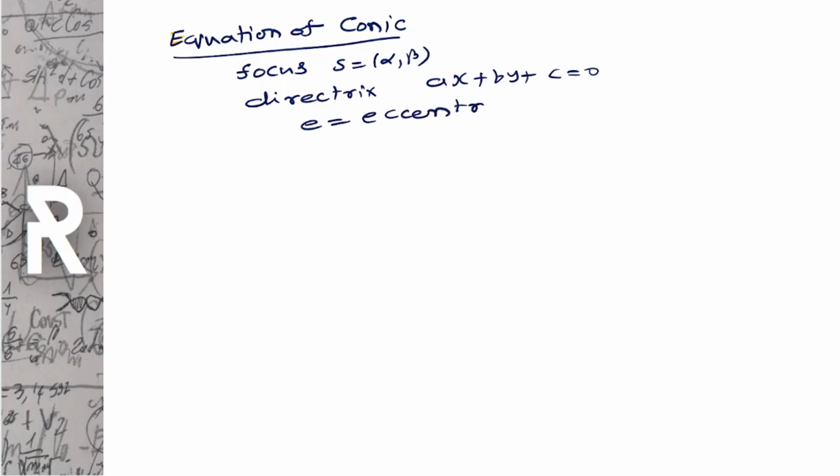Equation of a conic: focus S equal to (alpha, beta), directrix ax plus by plus c equal to 0, eccentricity E. My assumption is P(x1, y1) is any point on the conic.